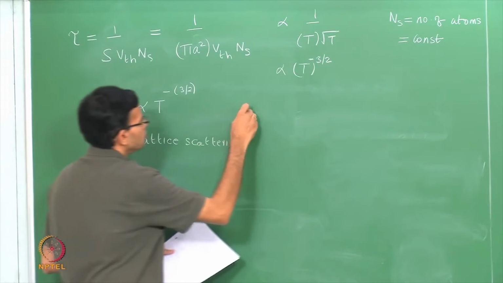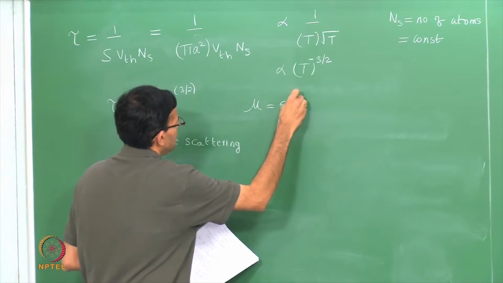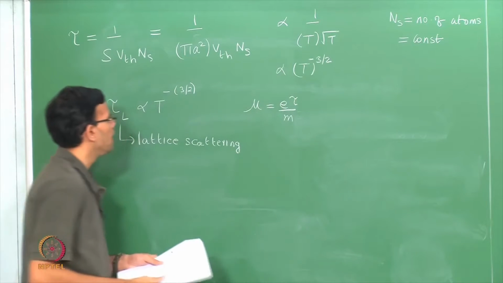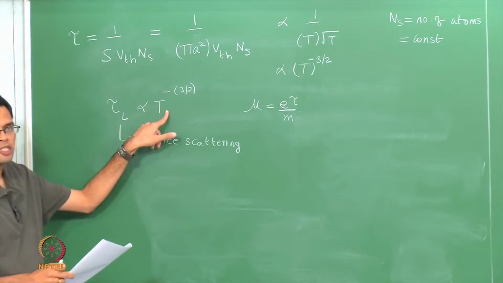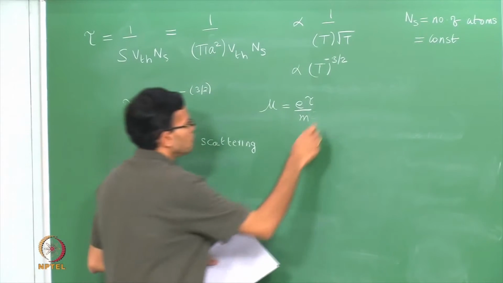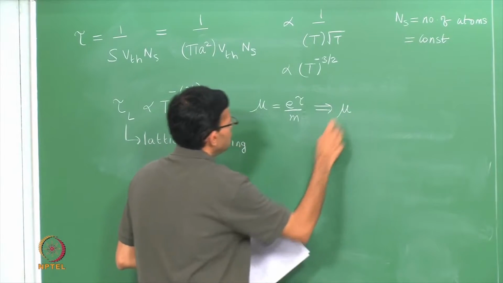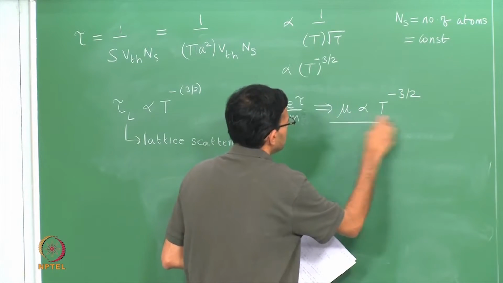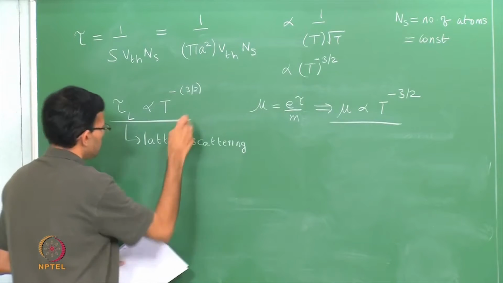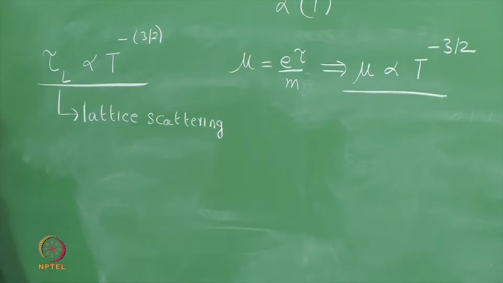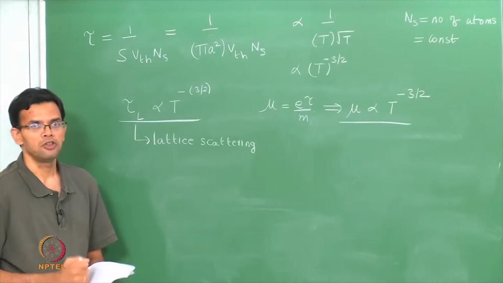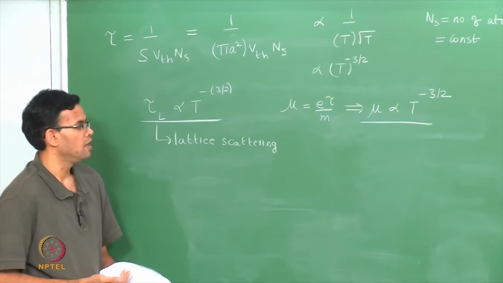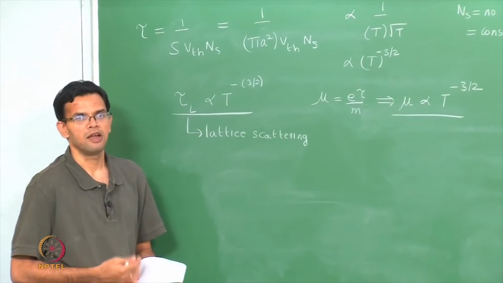Now mu is equal to E tau over m, and since tau is proportional to temperature to the minus 3 over 2, you can say that mu is proportional to temperature to the minus 3 over 2. So, if you have an intrinsic material where the scattering is due to the vibration of the lattice atoms, as the temperature increases, the vibration increases.